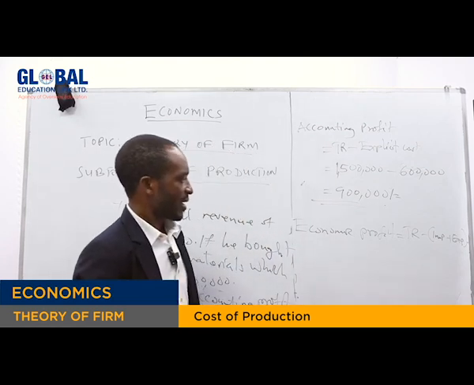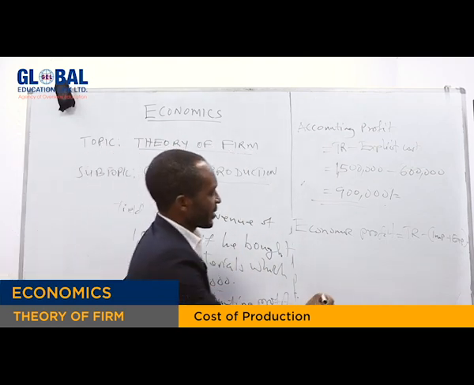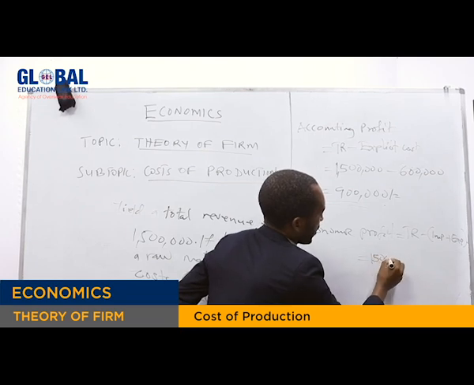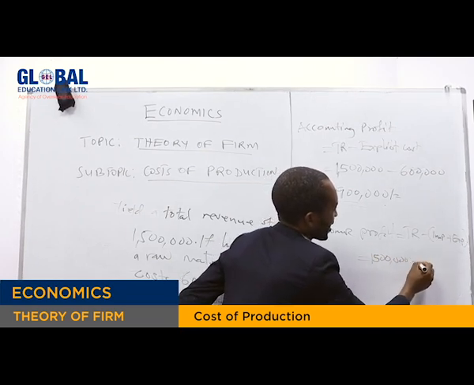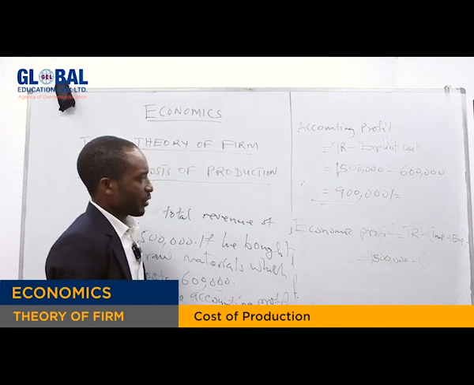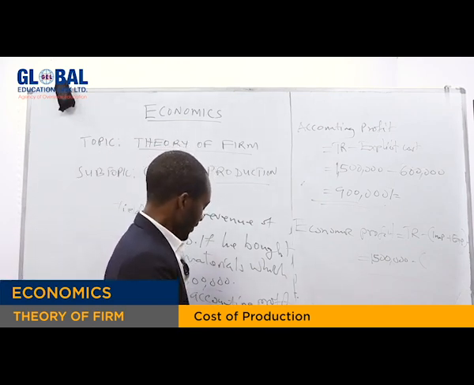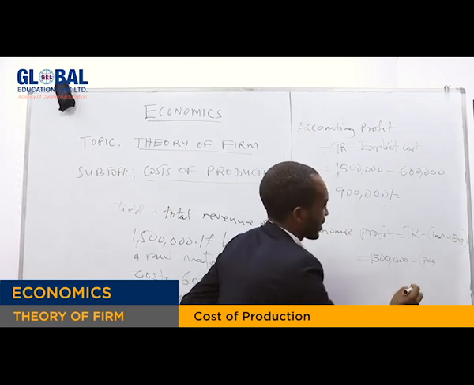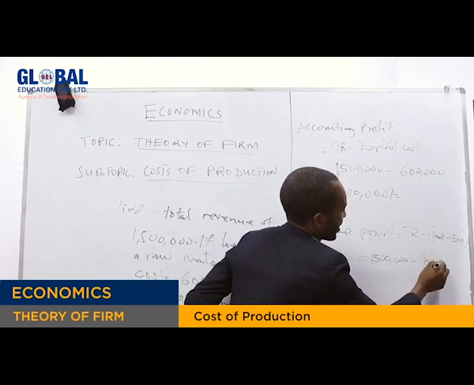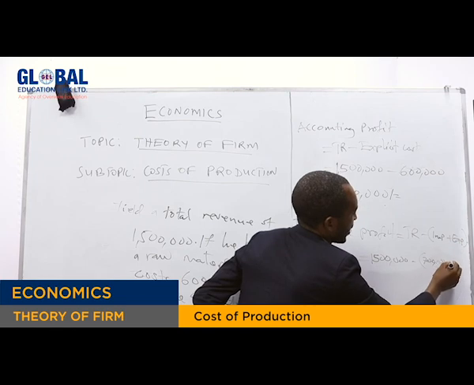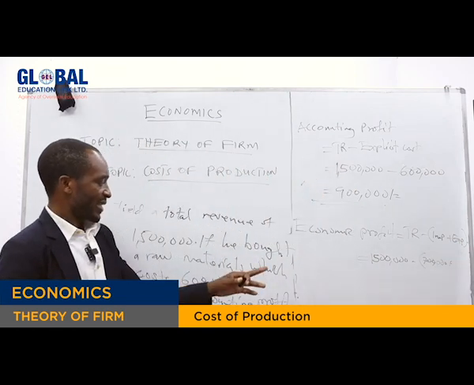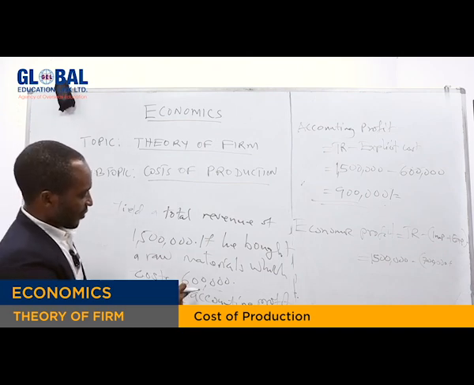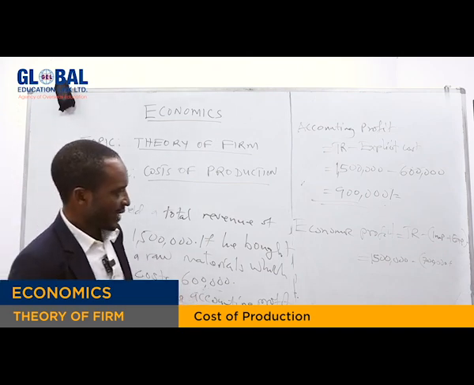Our total revenue is 1,500,000 minus implicit cost, which we are given as 700,000, plus the explicit cost, which is 600,000.